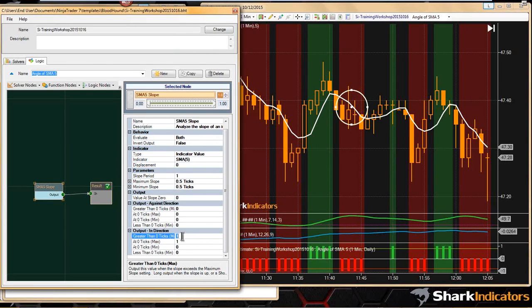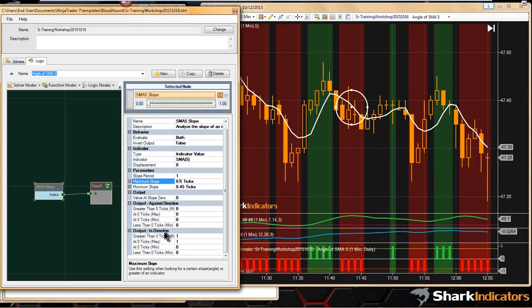Let's see, the chances of finding an exact slope are pretty slim, so let's vary these two. Let's see if we can find a slope from 0.45 to 0.5. That's a pretty good range there.